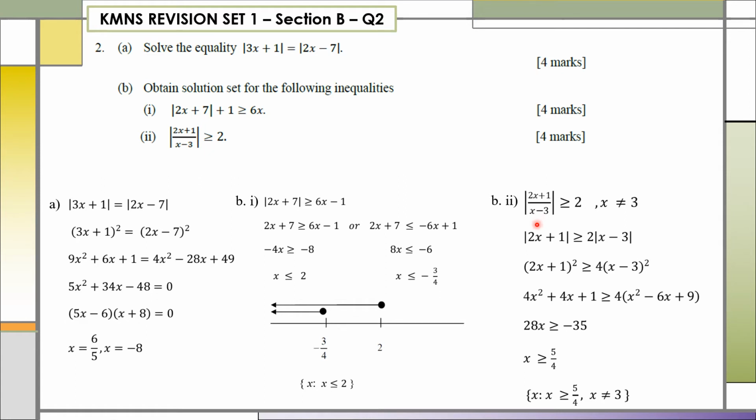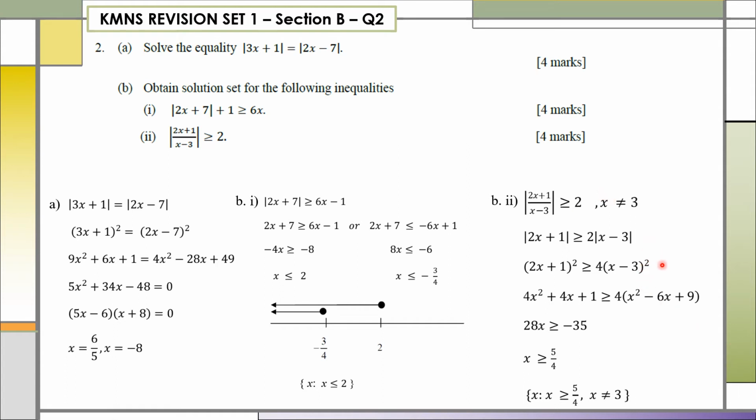But remember, if x minus 3 here does not have a modulus, you cannot bring it to the other side because we don't know whether it is positive or negative, and if it is negative, then the sign will be changed. But x minus 3 here has a modulus sign, so we can always bring it to the other side like this, no problem.